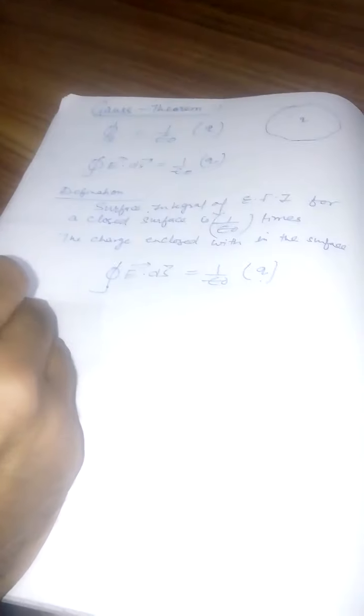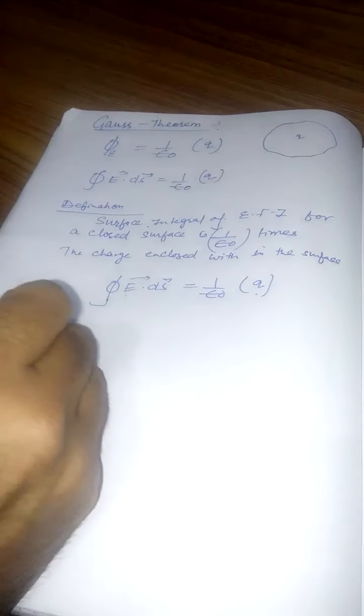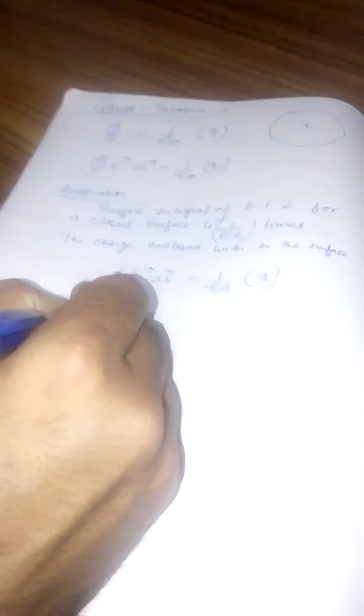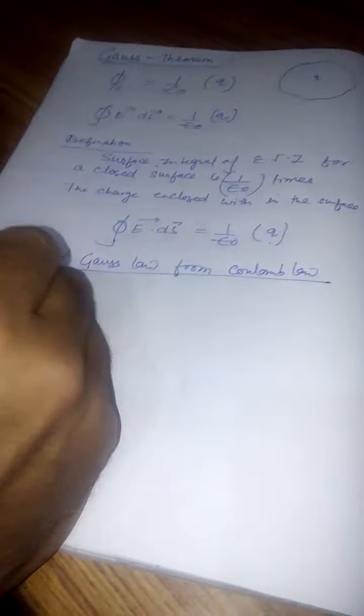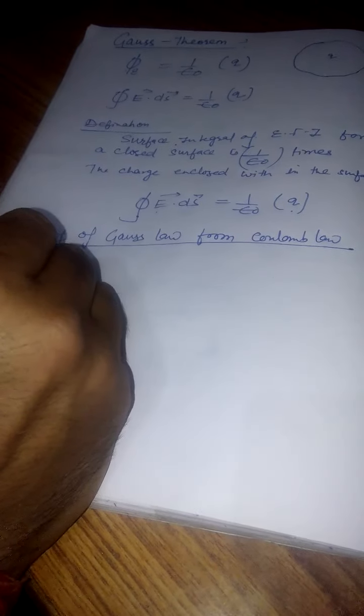Now see the proof. Proof of Gauss law from Coulomb law. For this, consider a sphere.